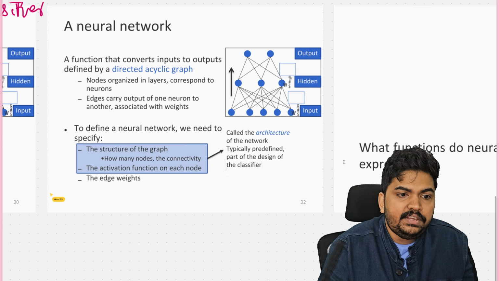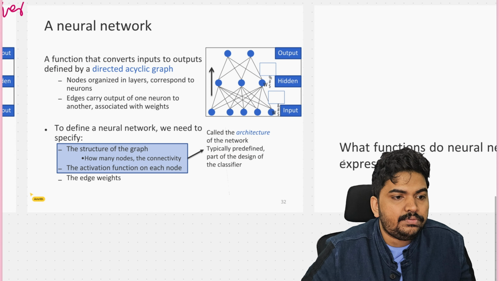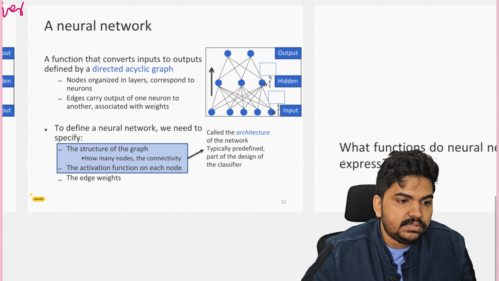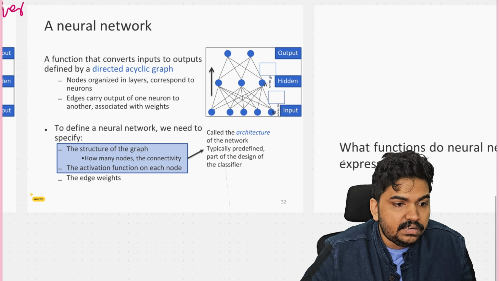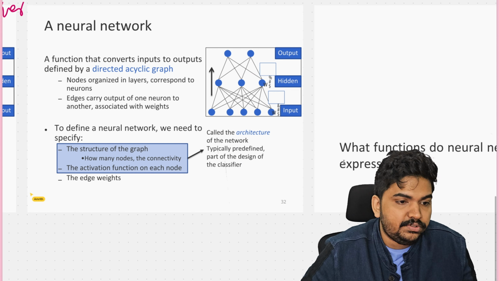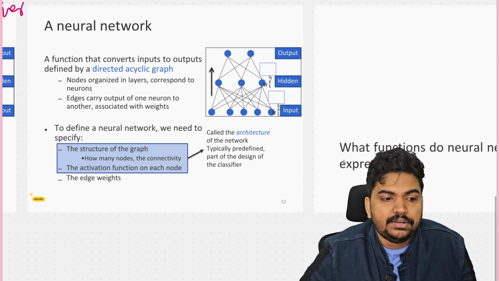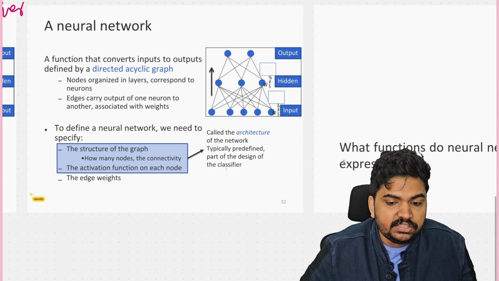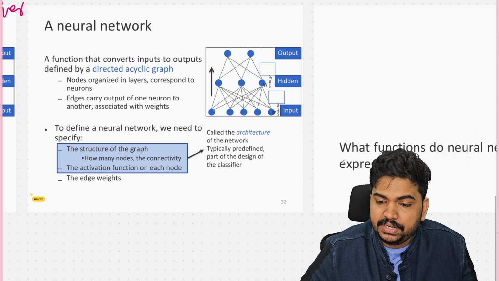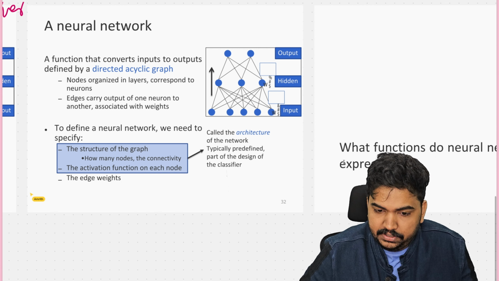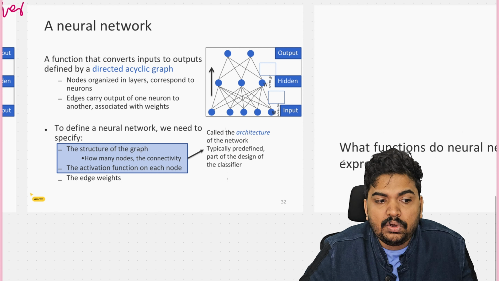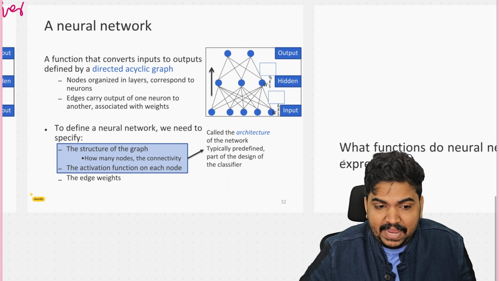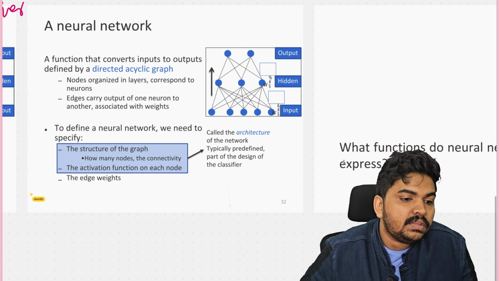To define a neural network, we need to define three things. We need to define the structure, that is, what the graph is. For each node, define what the activation function is. And we need to define the edge weights. Here, the structure and the activation functions are predefined as part of the design of the classifier, and hence we call them the architecture. The edge weights, also called parameters, are learned.